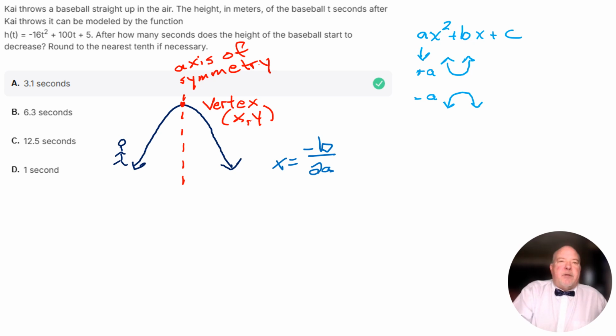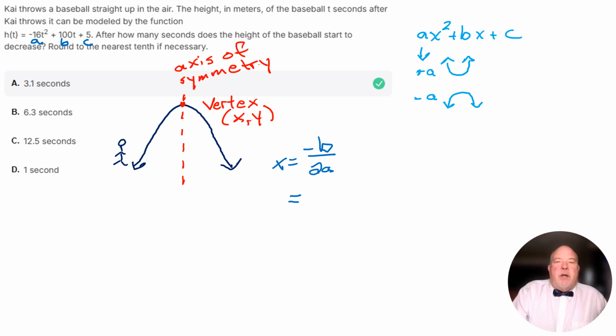So if we go back up to our formula here, the coefficient of the t squared, that's our a. The 100 is our b, and then the 5 is our c, which we don't need for this problem. So we just need the a and the b. The a is negative 16, and the b is 100. So I'm just going to simply plug those in and do the math, and that'll give us the answer.